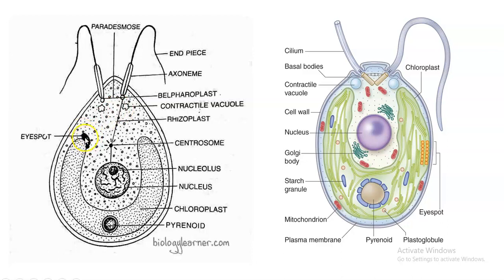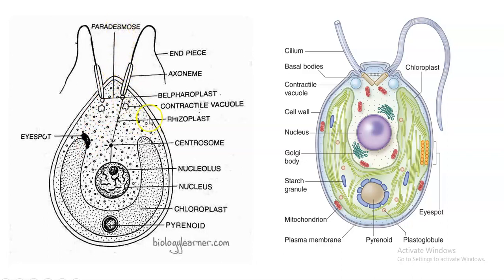This is a tiny spot which is orange or reddish in color because it has carotenoid pigments. It is a photoreceptive organ concerned with the direction of movement of the flagella. It receives the light and the cell can move in the direction of the light by communicating with the flagella.